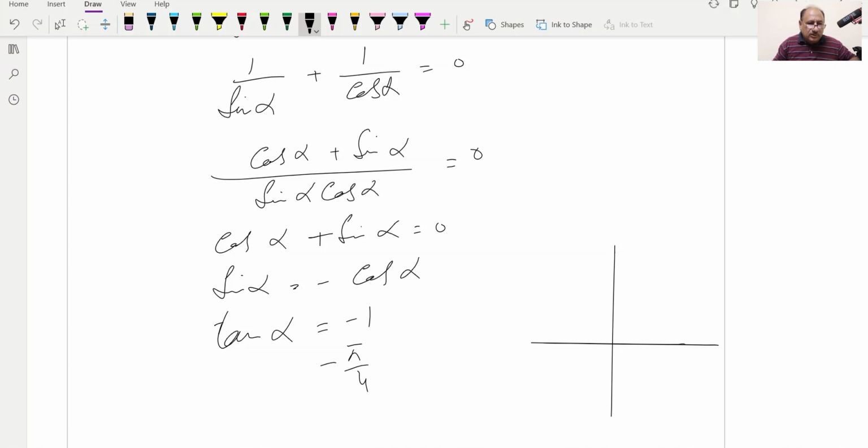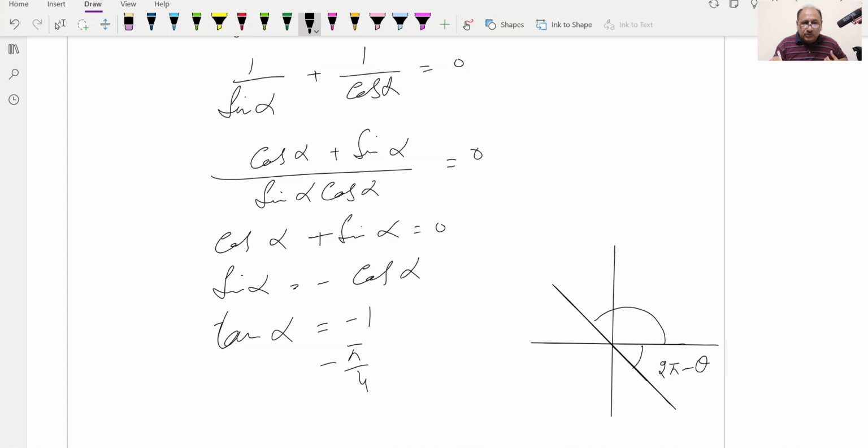So alpha basically is minus pi by 4, and this will be in this quadrant, for example this one. So this will be pi minus theta, and 2 pi minus theta will be this angle. This angle will be 2 pi minus theta, and this angle will be pi minus theta.